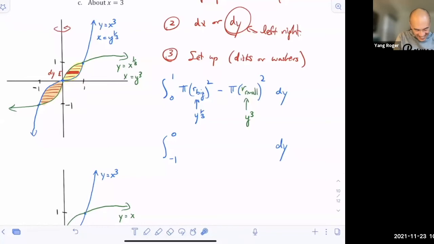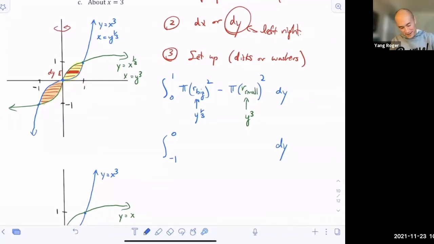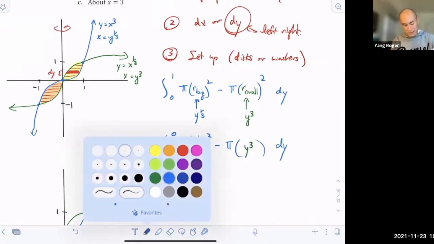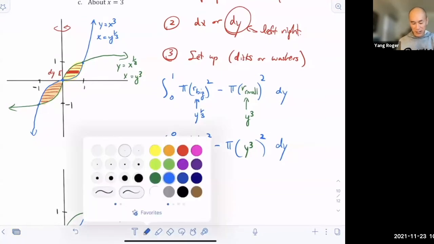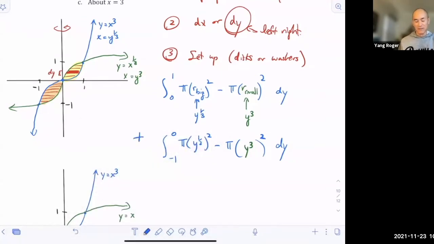Anyways, our big is still the blue graph. So then I could just go from pi times y to the 1/3 power squared. And the small radius is still the green graph, so I can write this as y cubed squared. So it was unnecessary to split this into 2 integrals. I could have just gone from -1 to 0. I was thinking maybe it would flip at some point, but it didn't.